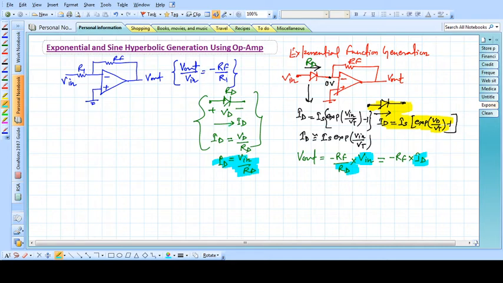So RF by RD. Finally we can write V output equals minus RF into ID.